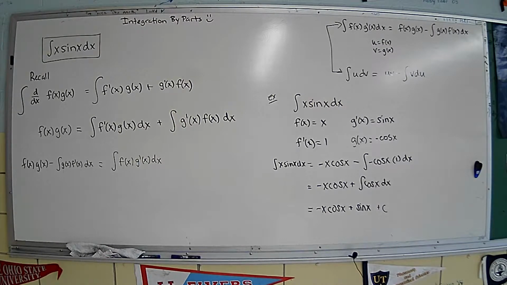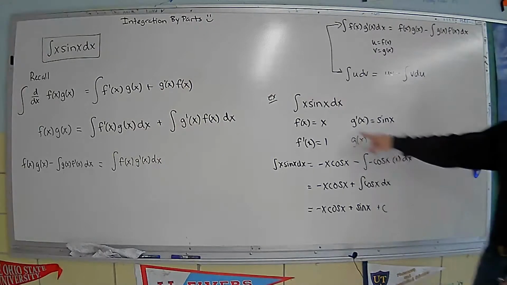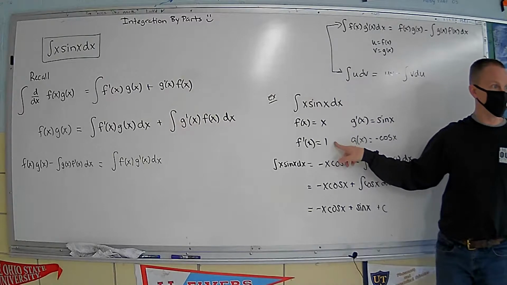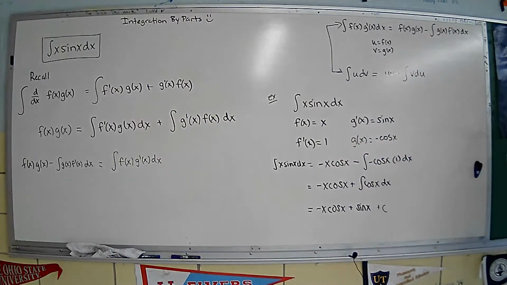Right now, let's say our strategy is this. We're going to choose for F something that we can differentiate easily. Because that's the first thing you've got to do, right? As soon as you figure out what F is, you've got to find its derivative. And we're going to choose for G prime something that you can anti-differentiate easily.